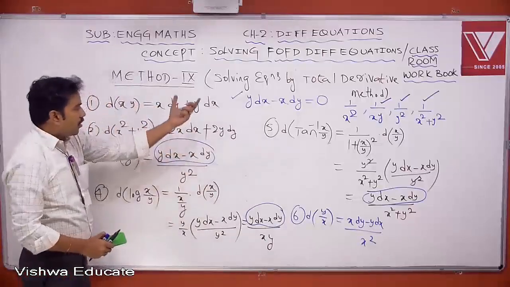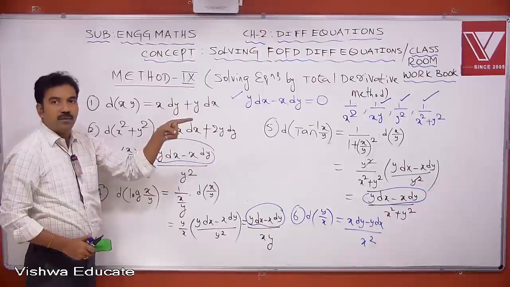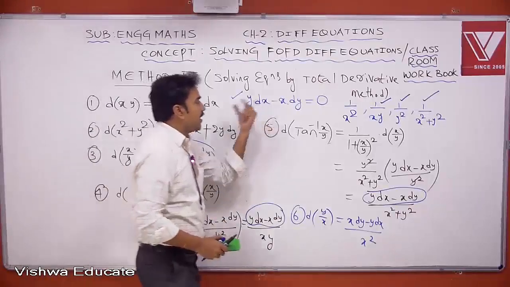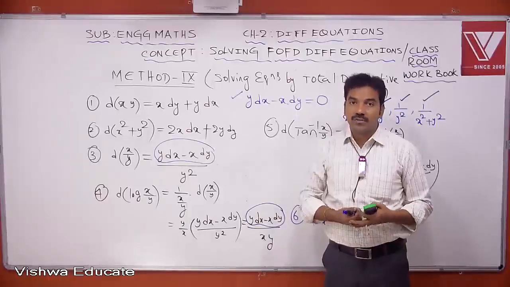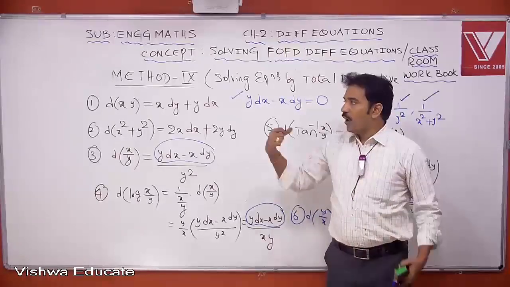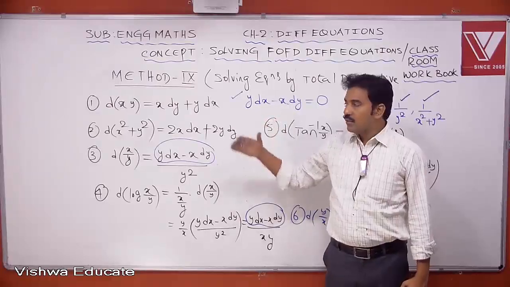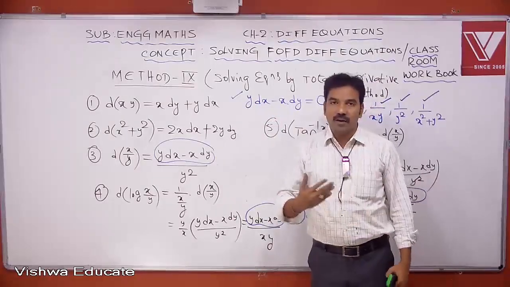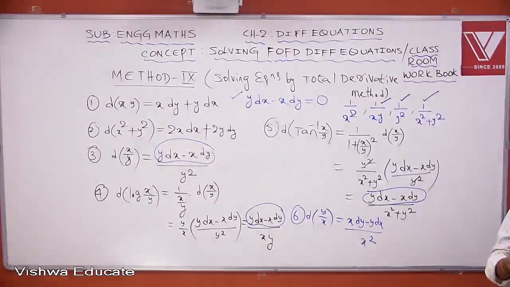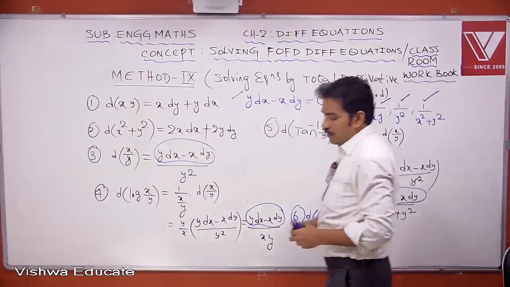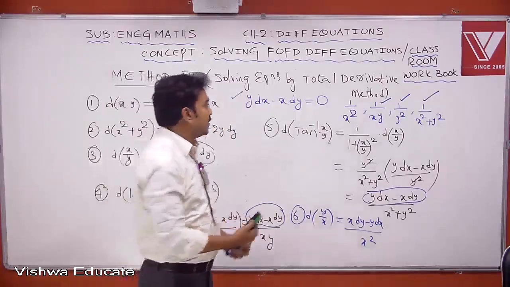Therefore 1 by x square, 1 by xy, 1 by y square, 1 by x square plus y square are all integrating factors of the same equation, y dx minus x dy equal to 0. This is the reason why all of them are integrating factors of the same equation. Okay, so note down all these formulae one by one. Now let us solve two problems on the total derivative method.